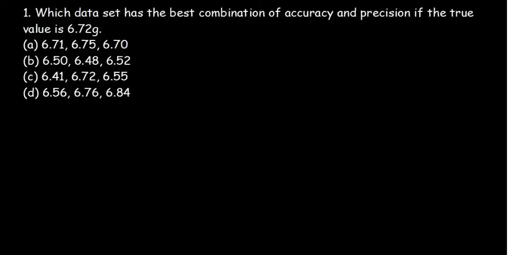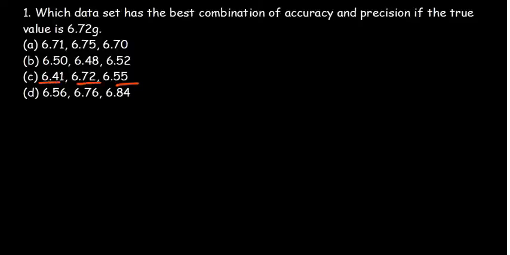Now, as you check the second one, B, of course, the values are not as accurate as compared to the first one, because the actual measurement is 6.7. So these are far from 6.7. So not accurate. And then we can also say they are not precise because they are not very close to each other. But if I check the third one, they are also not close to each other.